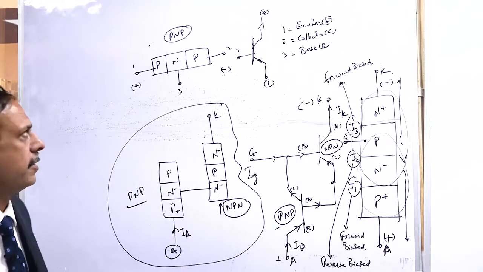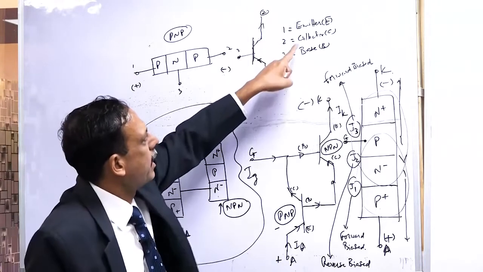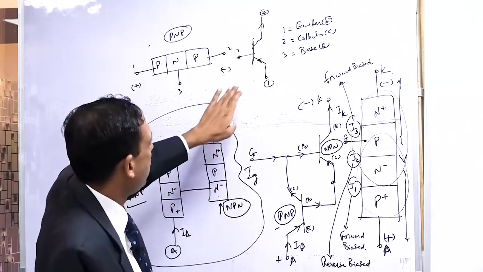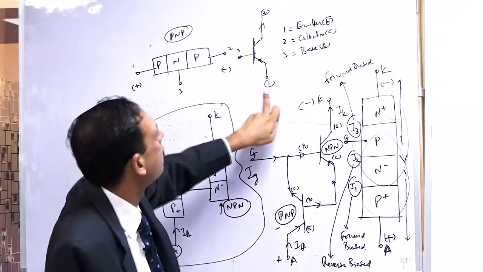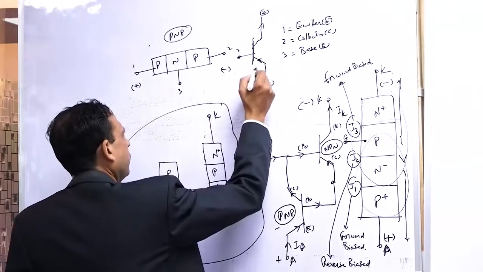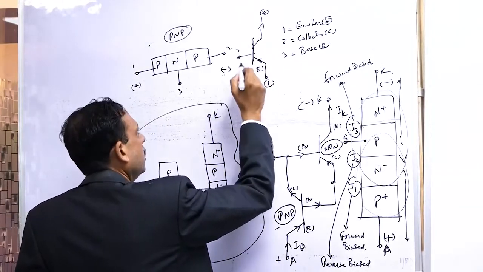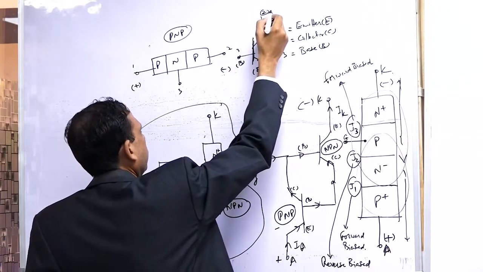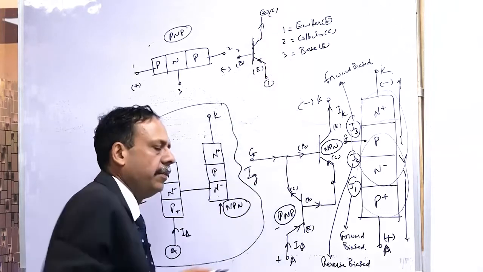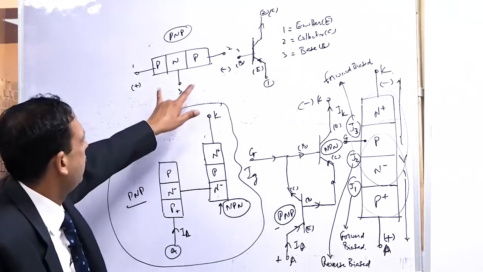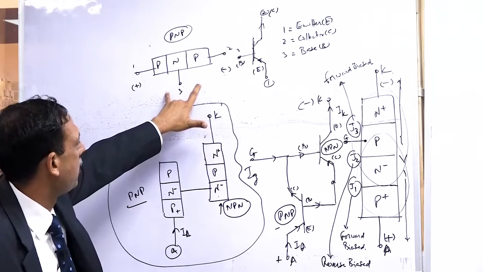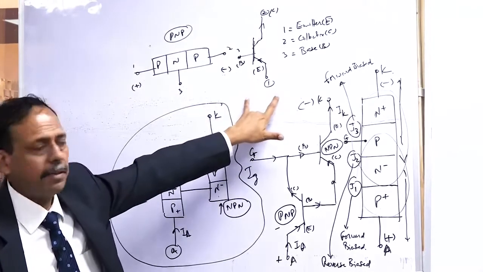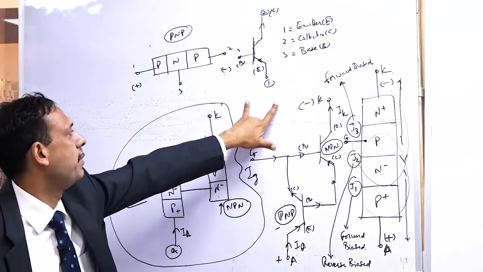Any transistor will have one emitter, one collector, and one base. So PNP is also having an emitter, this is called emitter, this is called base, and this is called collector. Is it clear? This is the symbol of it, this is the depiction, and this is the electrical symbol, equivalent symbol of this PNP transistor.